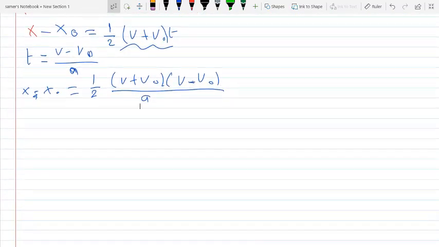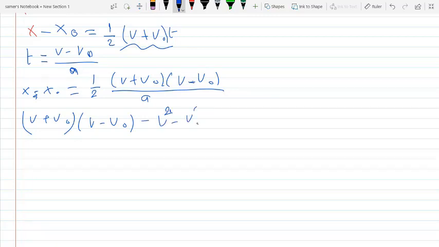Then we can rewrite this equation if we substitute, instead of v minus v0, v plus v0 times v minus v0, v squared minus v0 squared.